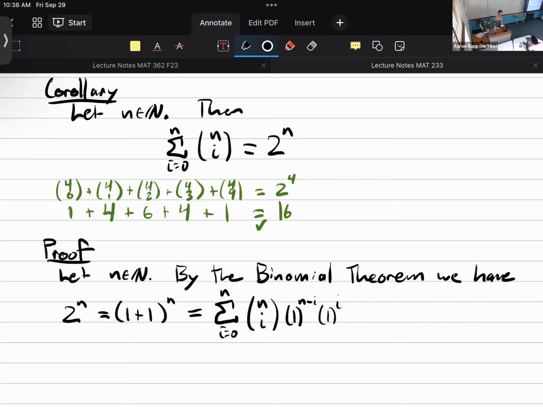But again, 1 to any power is what? 1. If I multiply by 1, you can never change anything. So I'm just left with the sum from i equals 0 to n of n choose i.